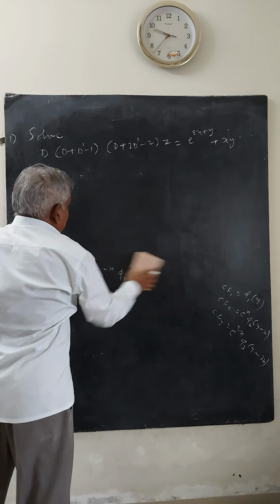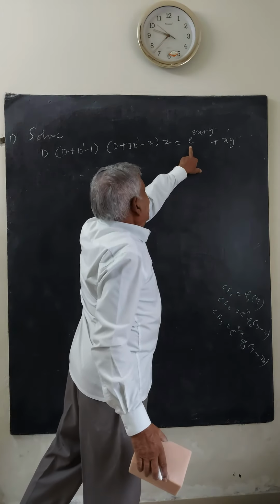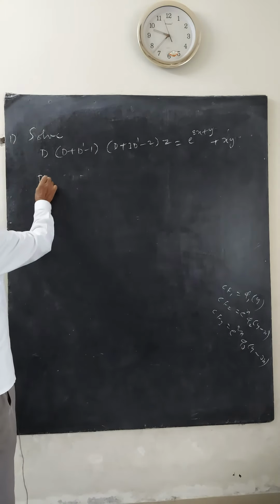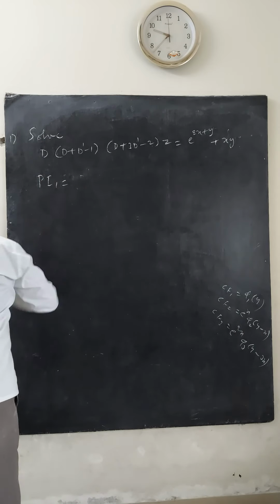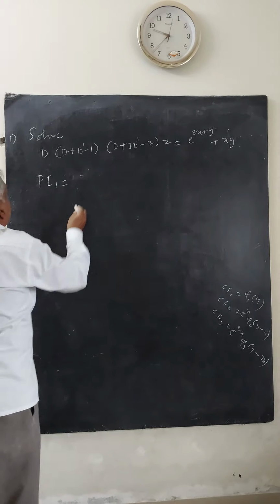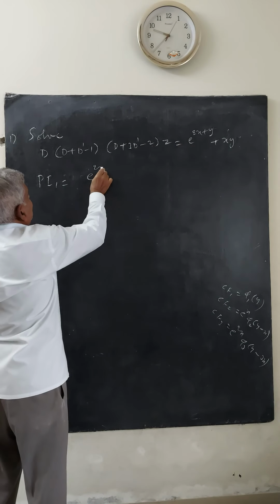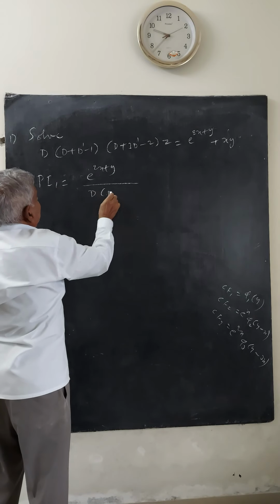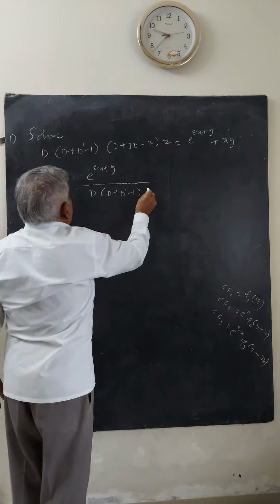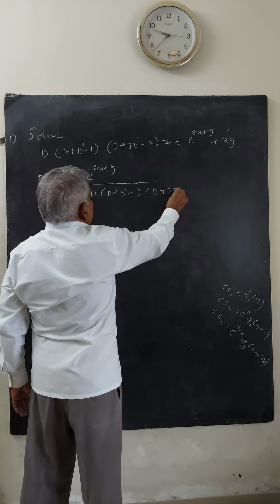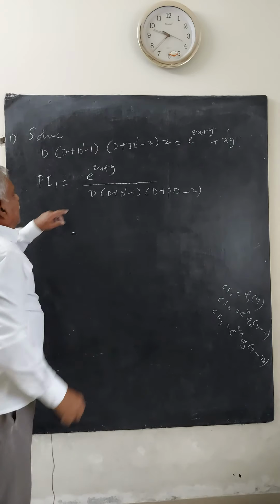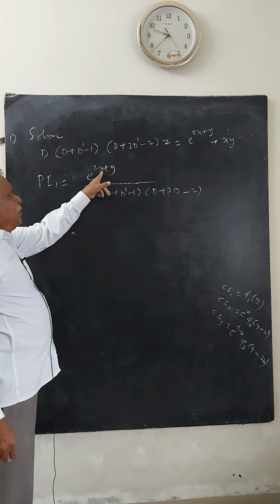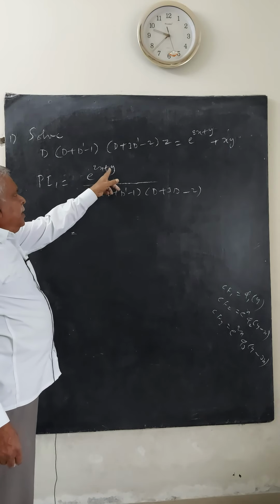Again, we have to find particular integrals, two particular integrals, PI1 and PI2. Let us first take PI1 = e^(2x+y) divided by (D + D' - 1)(D + 3D' - 2). Wherever D comes, you put the coefficient of x, which is 2. For D', the coefficient of y, which is 1.